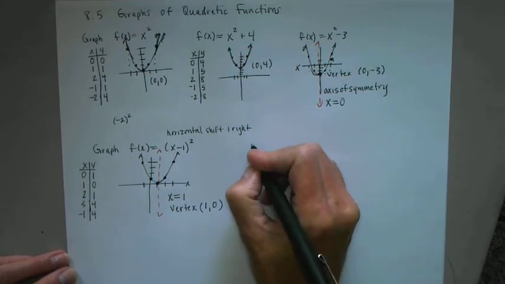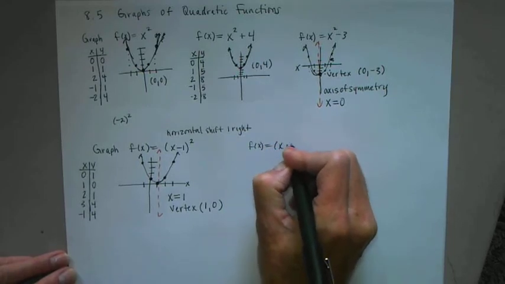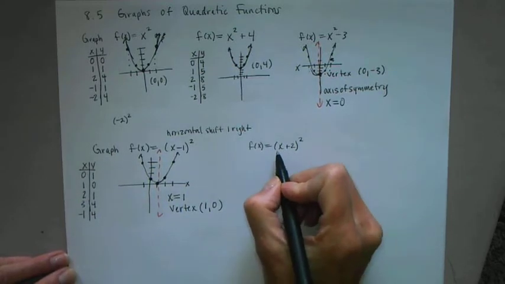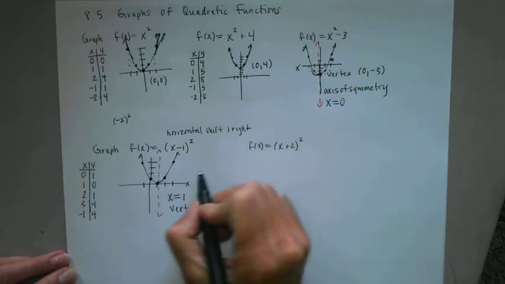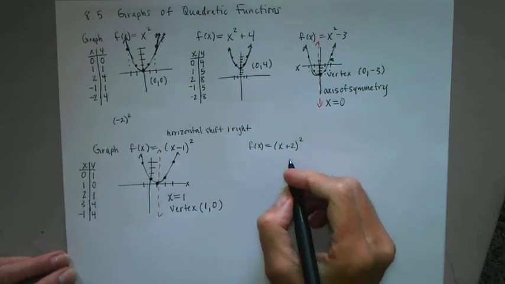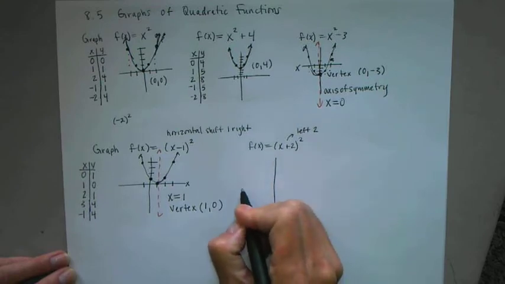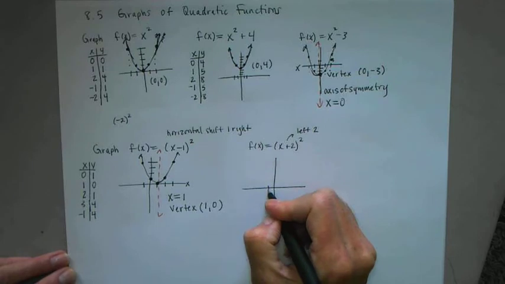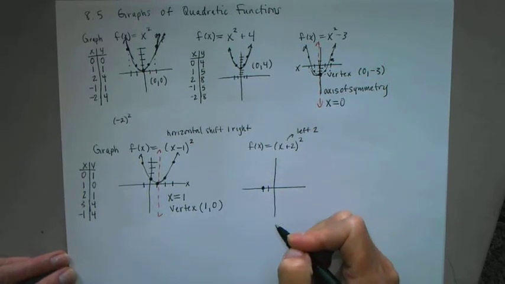So once again, you should be able to graph this now without even drawing a table, because you should automatically know it's in parentheses with the x, so it's going to shift it left or right horizontally, and because it's the number 2. So if I were drawing this now, I would take my xy plane and I would go left 2. Now that's my vertex.